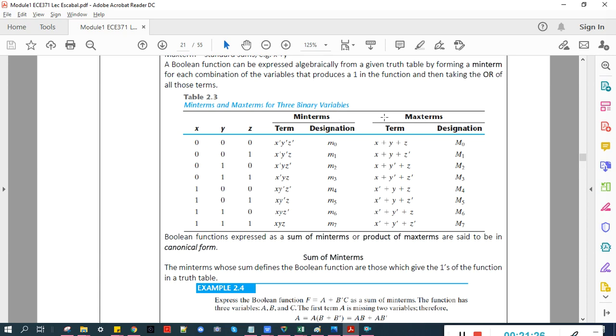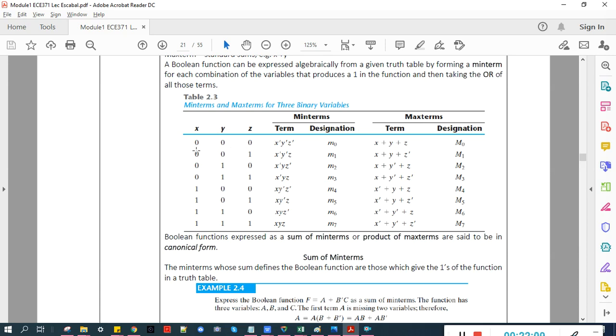For max terms, we have the OR for each function. For the max terms, if it's 0, 0, 0, then we don't complement. It's just x ORed with y, ORed with z, because we have 0, 0, 0, so it's the opposite of the mean term.